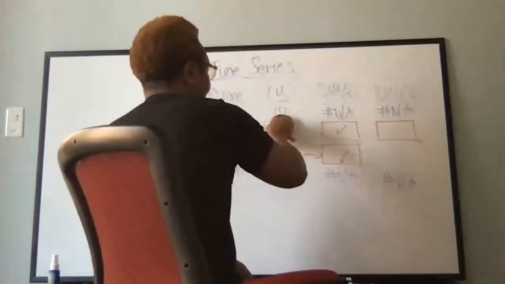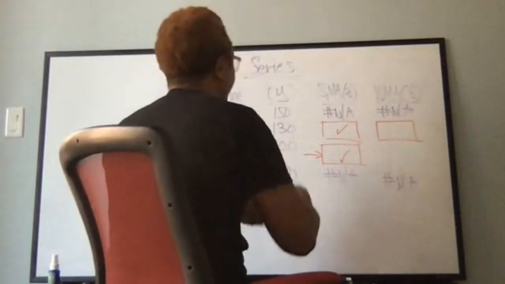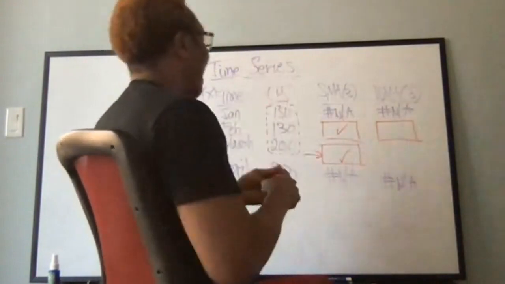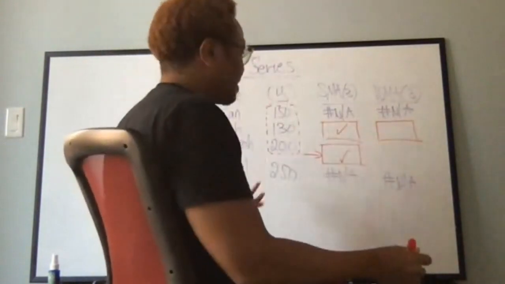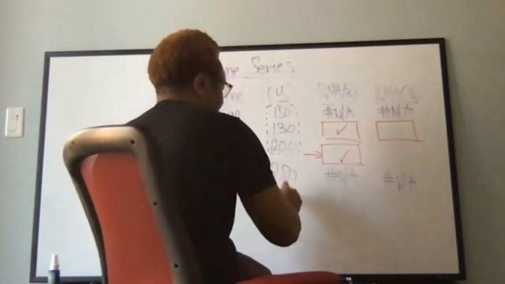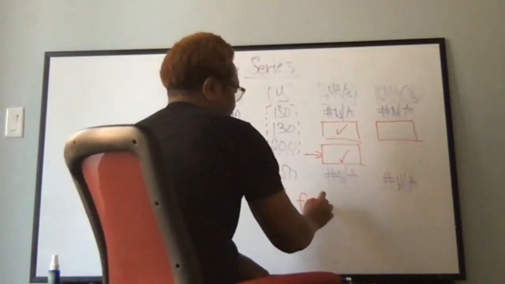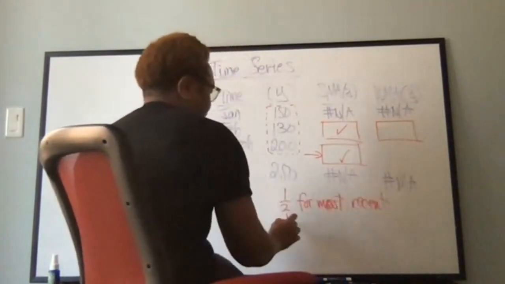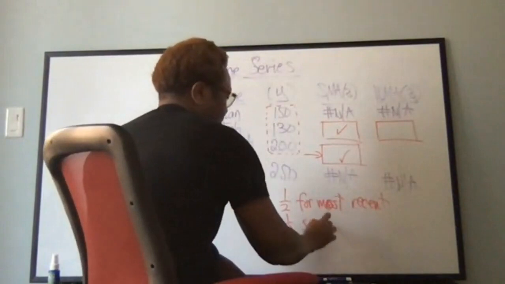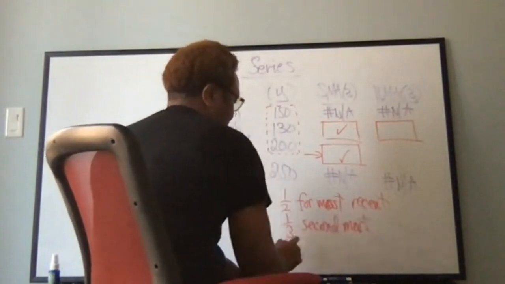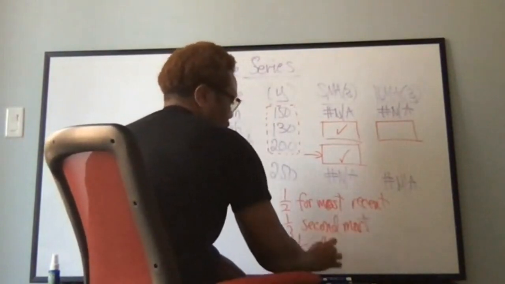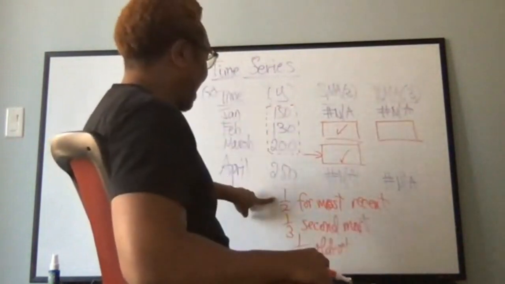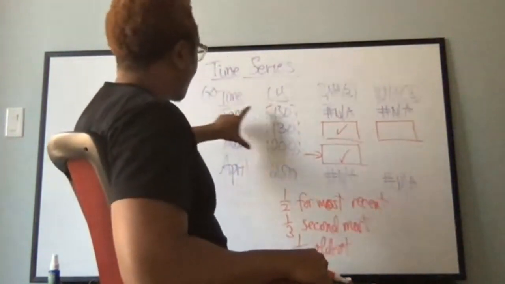Now, if I want to calculate this answer right here, the window is still size 3, so I'm still going back up to these 3 points, but I'm not going to take the average of these points. I have to use certain fractions that I give you. I'll say 1/2 for most recent, then something like 1/3 for second most recent, and then 1/6 for the oldest. I'm just making this up here. So this 1/2 would go with which of these numbers?